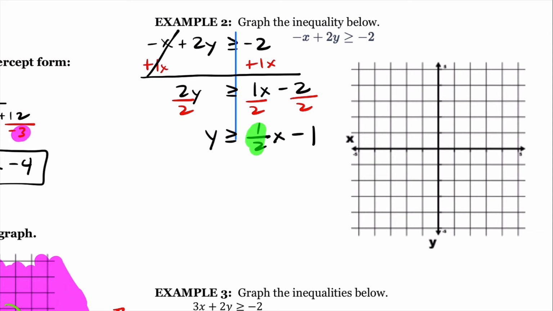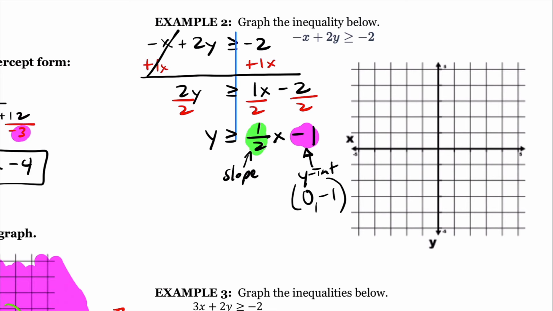So that means 1/2 is the slope, -1 is the y-intercept. Remember, the y-intercepts always start with 0. So if it's a -1, that's 0, -1.